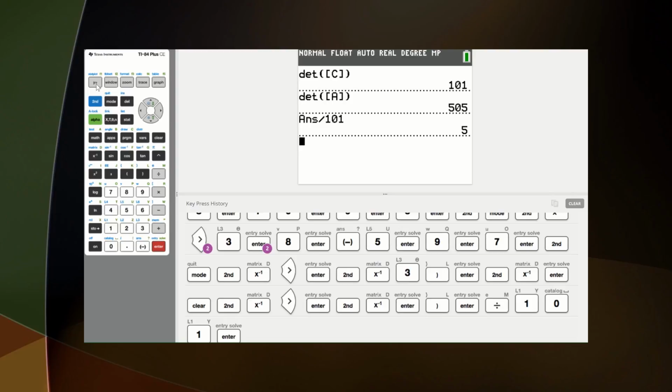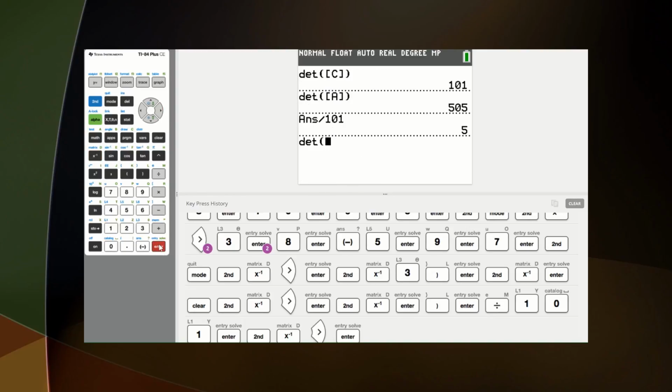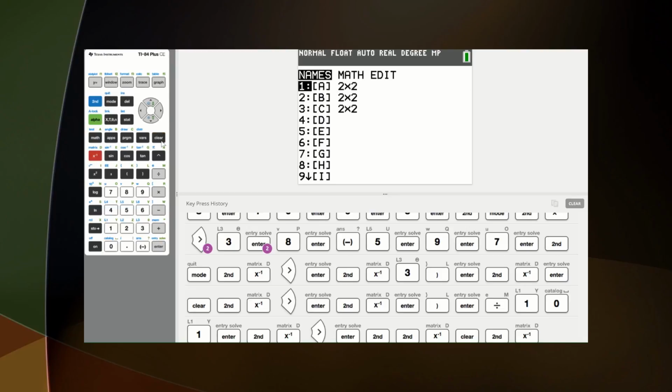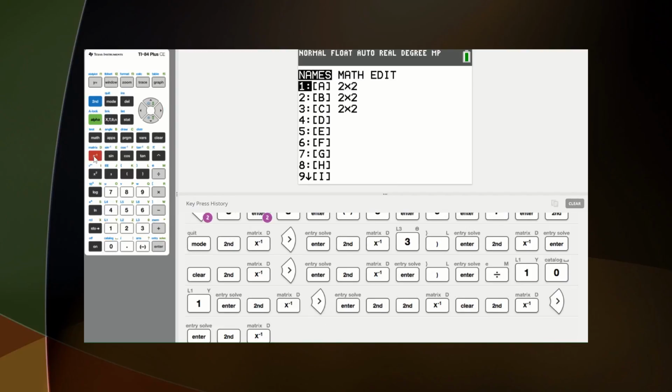And let's see, now I want to do matrix B, find the determinant of matrix B. Go to math, we're choosing determinant. We'll choose matrix B, which is option 2.